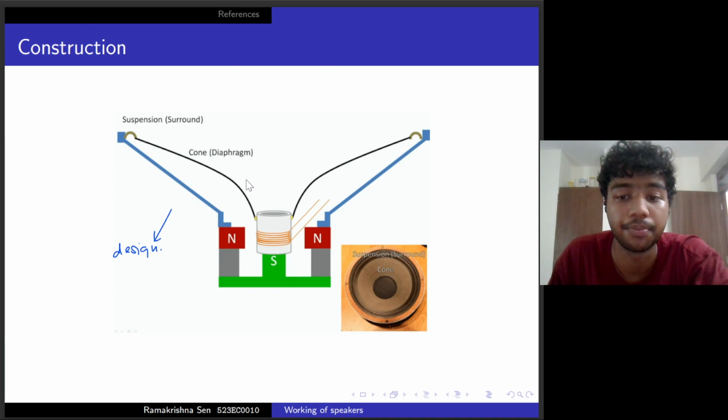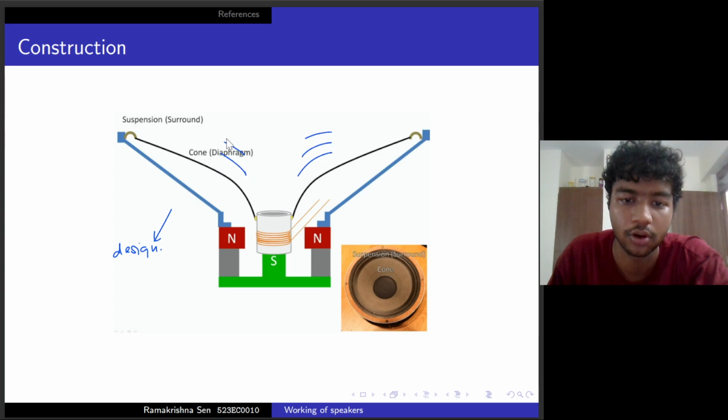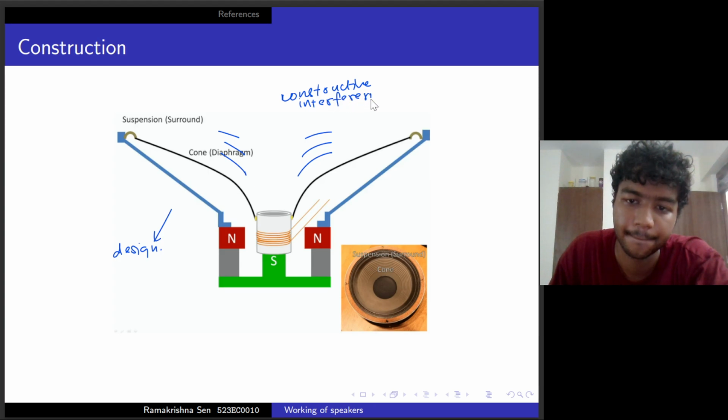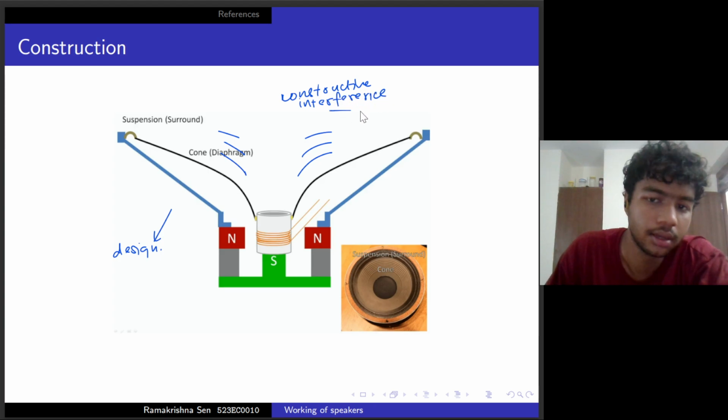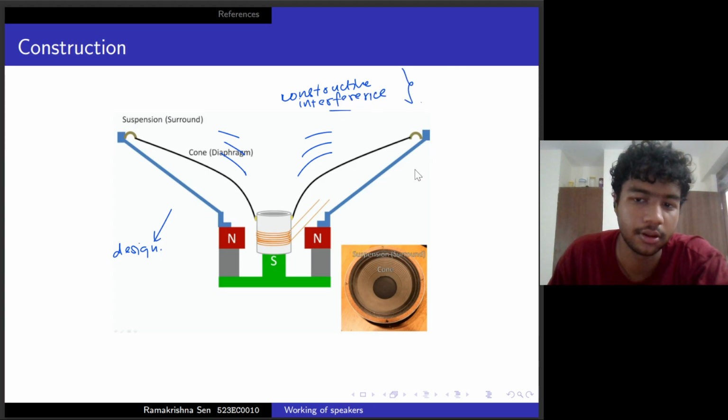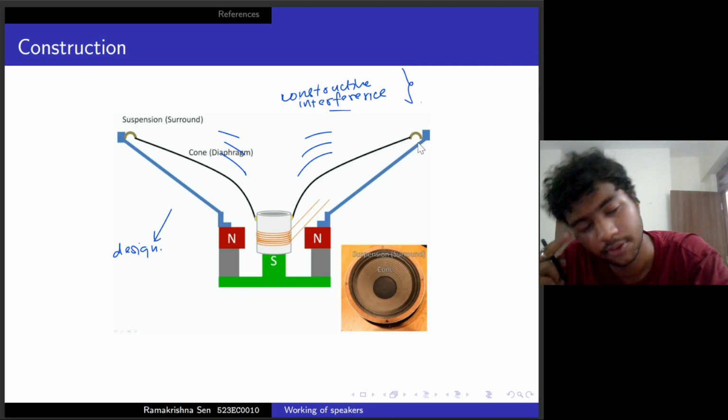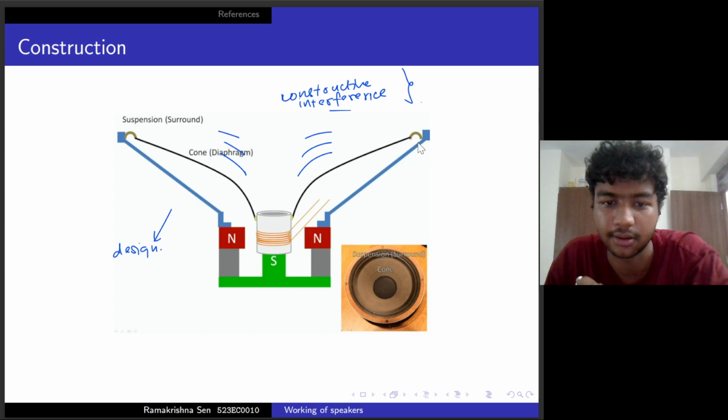So it is the design engineers' job to figure out the correct orientation for the diaphragms so that there is always constructive interference rather than destructive. It is known that during destructive interference there are blind spots present, which we want to avoid.